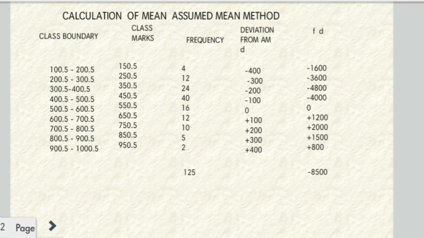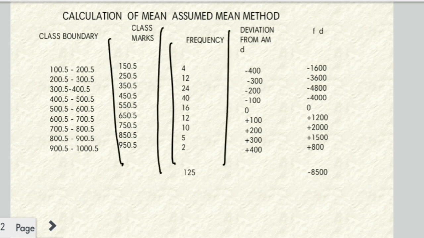In the same process, here we see two attributes, frequency and class marks, and the D column in the table.